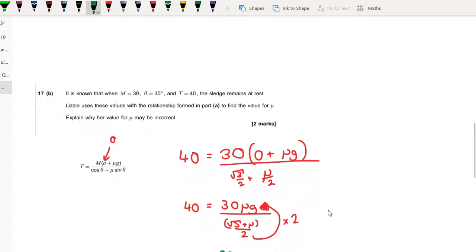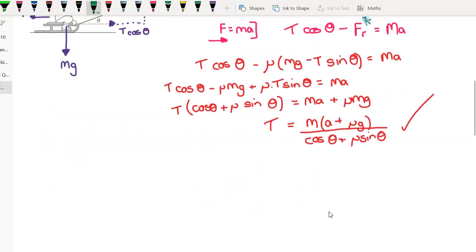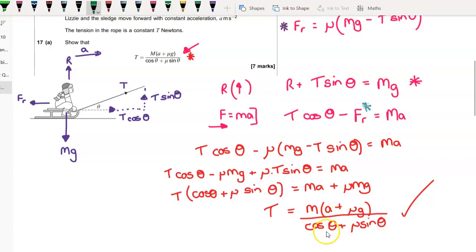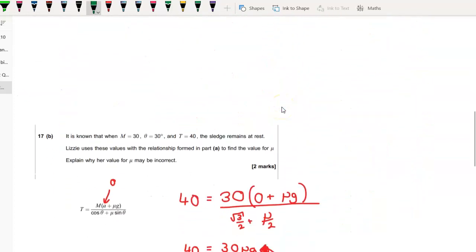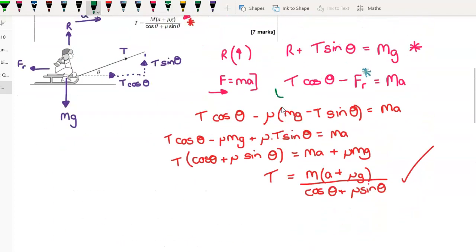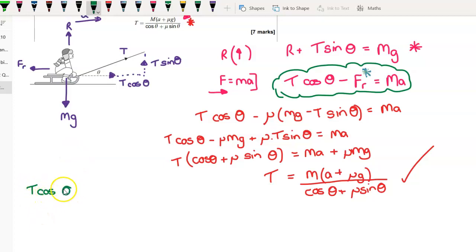Why? The sledge remains at rest. I'm thinking if we did t cos theta minus friction equals ma, then we want that to be equal to 0, don't we, if we're doing F equals ma, and the acceleration is 0 because it's not moving. So if it's not moving, we can say that t cos theta will be equal to friction.